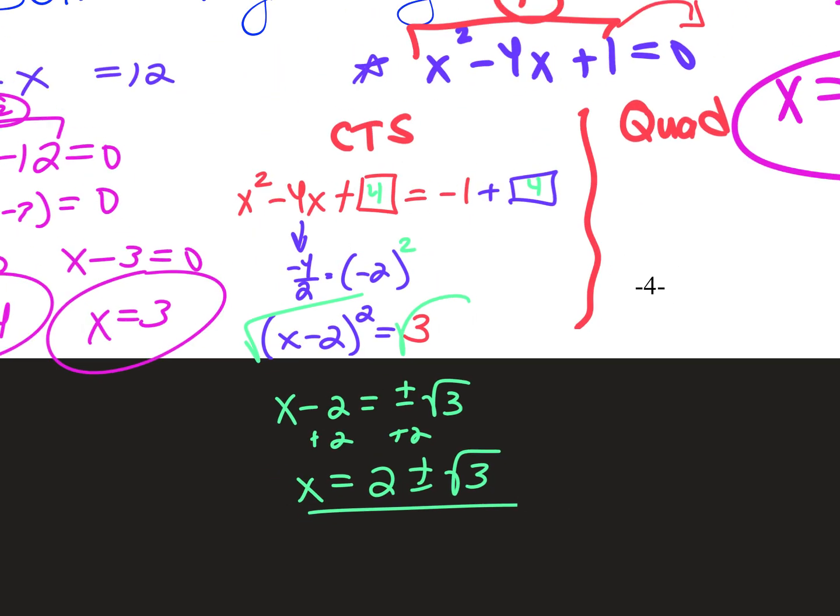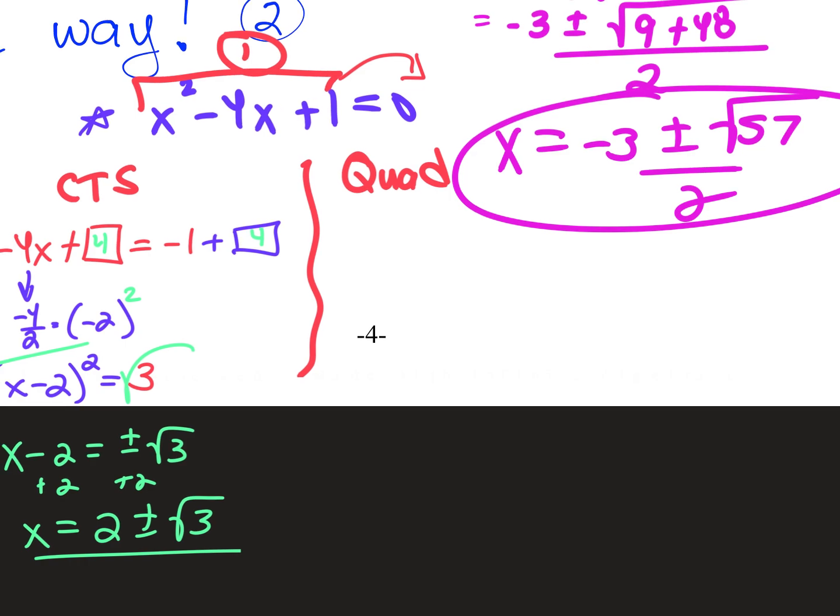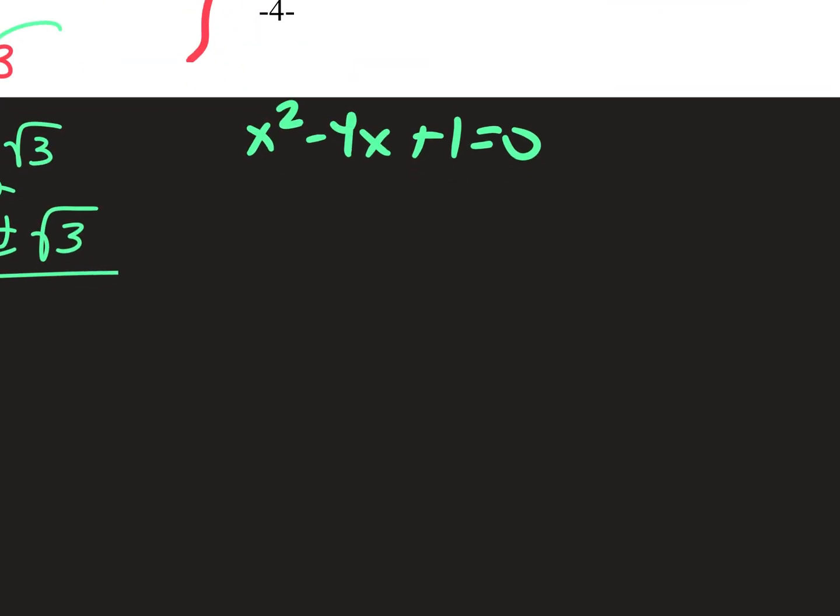All right. Some of you like completing the square. That's perfectly fine. Do it that way. Some of you are like, oh, I don't get that. I don't like that. I want to just use the quadratic formula. Can you? Absolutely. Are we already written in standard form? X squared minus 4x plus 1 equals 0. We're in standard form already, correct? What's my a term?